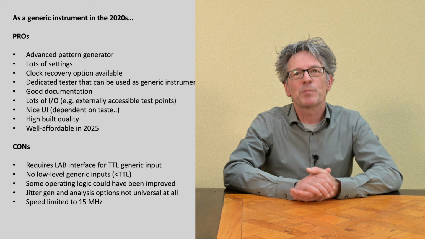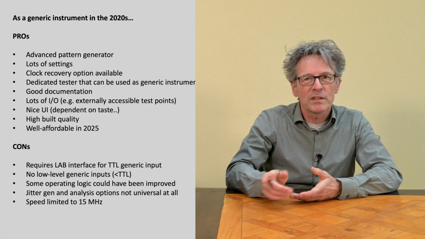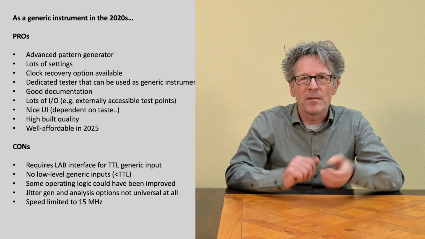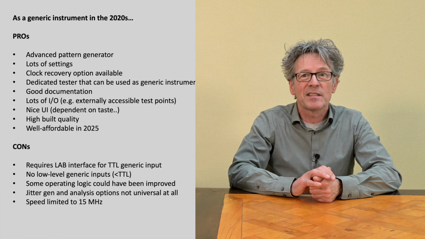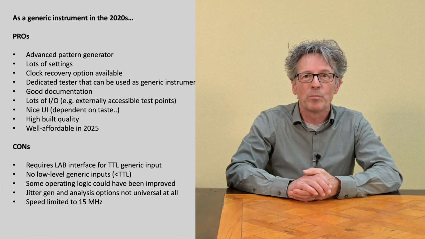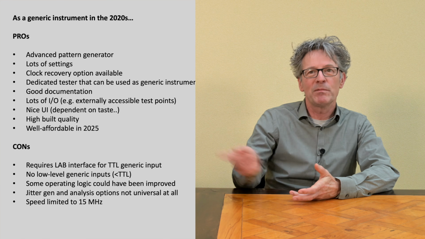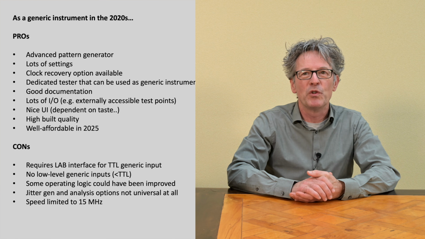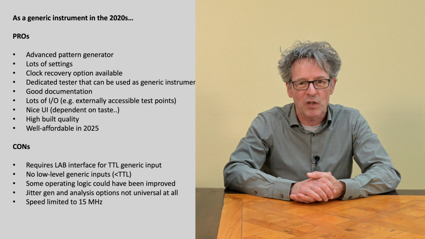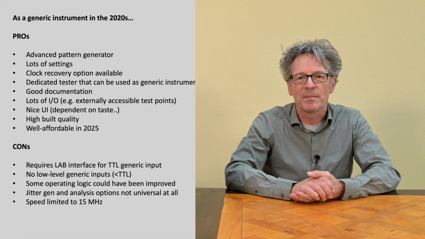And why I'm putting an exclamation mark there: I got quite a lot of other devices in my lab that all have advanced pattern generators and even analyzers in them, but cannot be used on their own, cannot be used outside the telecom protocol for which they are built. We're going to see a couple of them in some future videos, but the Rohde & Schwarz CMU 200, for example, will be one example of it.